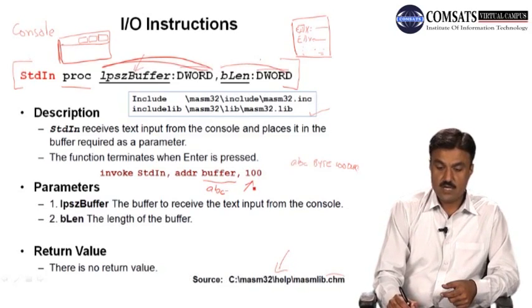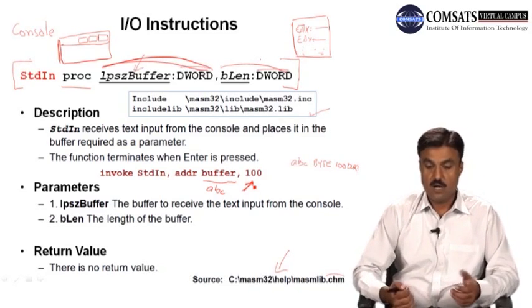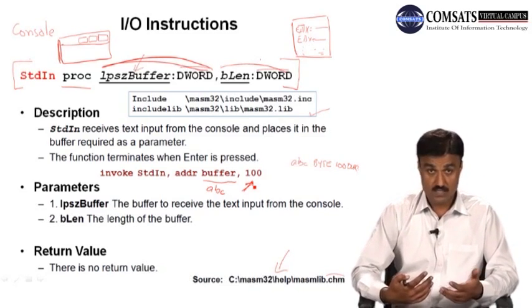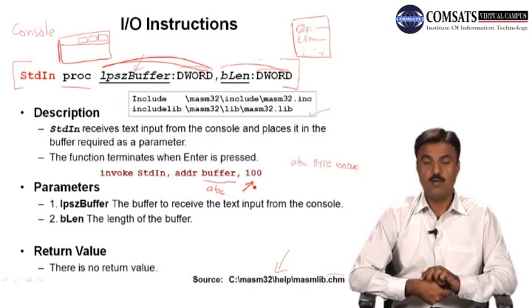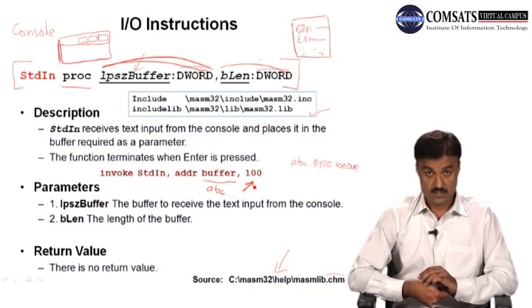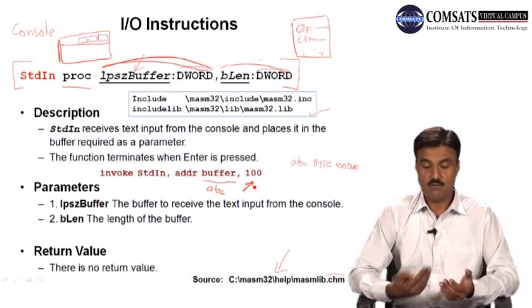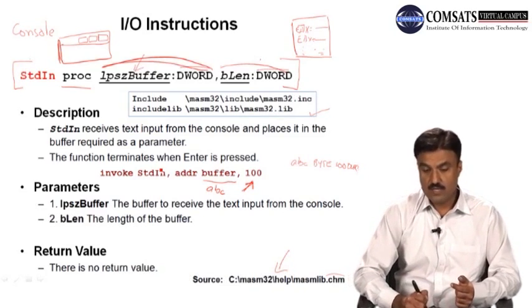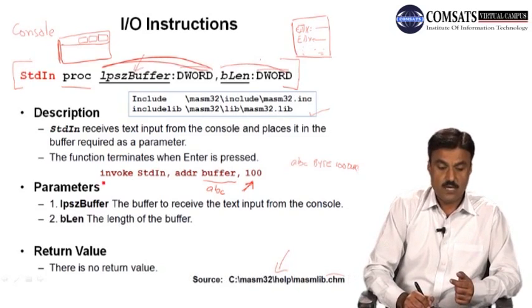And this is the total size of the buffer, meaning how many bytes, characters or key presses you can save. This is where it saves the data we are receiving. So how can we use it? There is one directive called the invoke directive.